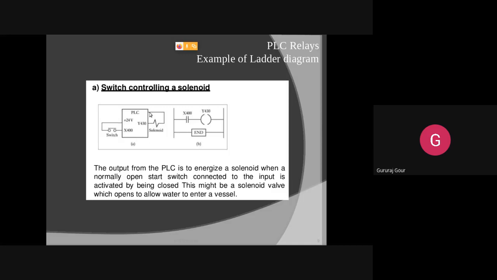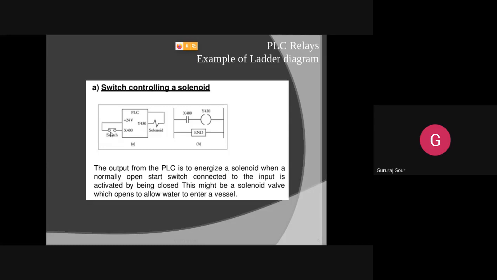So what this figure A is doing, output from PLC is to energize a solenoid. So output of this PLC is going to energize this solenoid, means it is controlling the solenoid when normally open start switch. Normally open start switch, when you apply the input, then it will be closed.